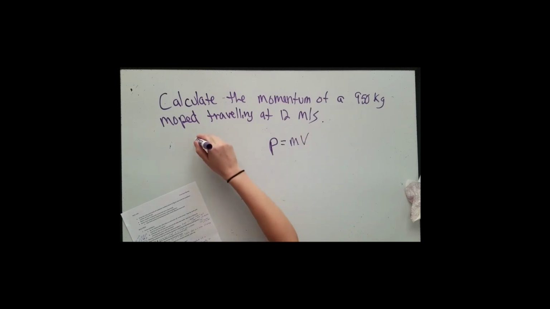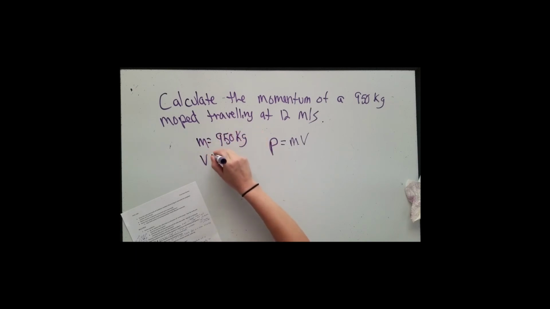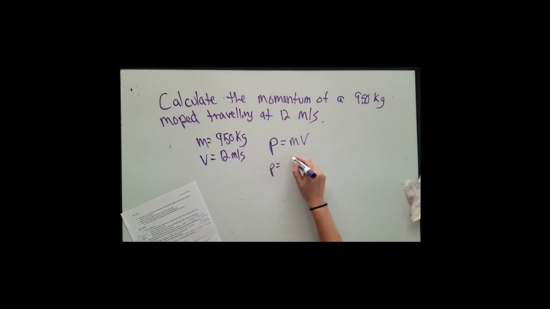But in this case, that 950 kilogram moped is moving, so it will have a momentum. It's moving at 12 meters per second. So you simply multiply those two numbers together to figure out what its momentum is. And the reason I have it at 11,000 is I'm trying to keep with 2 sig figs.